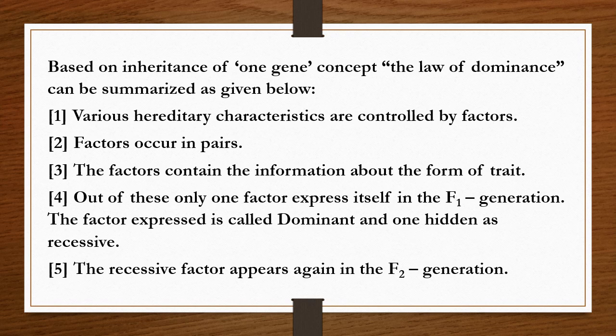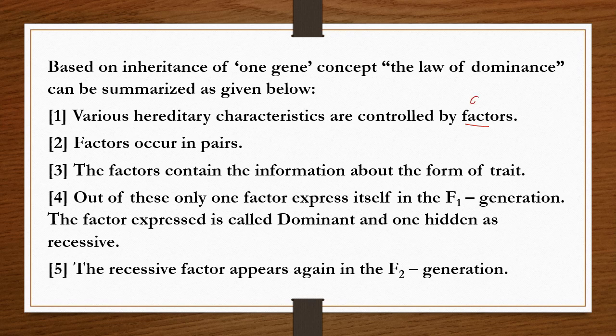Once again, I am repeating these points. Various hereditary characteristics are controlled by factors. Heredity, as we know very well, is the transfer of characters from one generation to another. Nowadays the factors are called genes, a term given by Johansson.